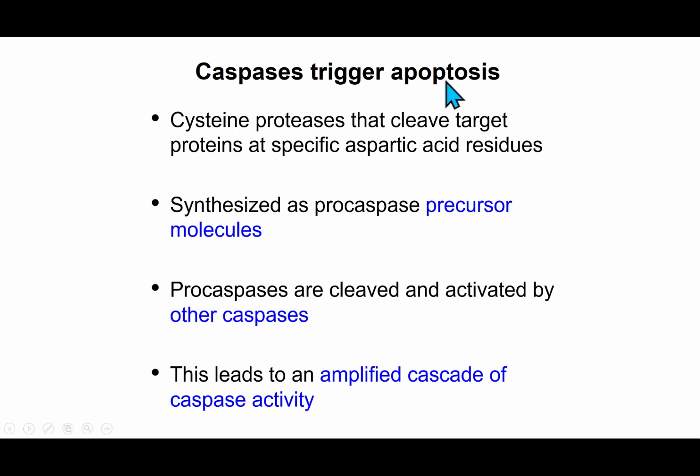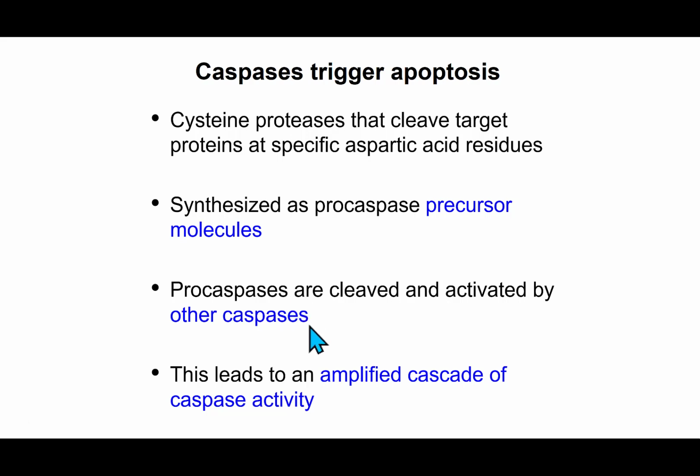If you think about how this occurs, it's really quite amazing in that all of your cells pretty much have these proteins, these procaspase precursor molecules in them, and all you need is to activate them and they'll cause a cell death. The proteins are already ready to go. And in fact, what happens is that procaspases are cleaved and activated by other caspases.